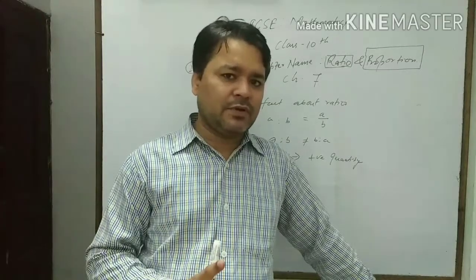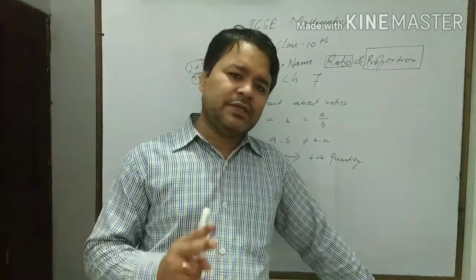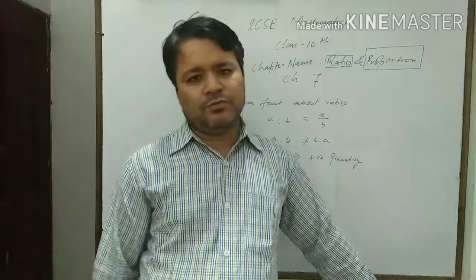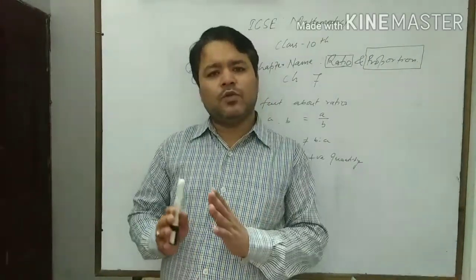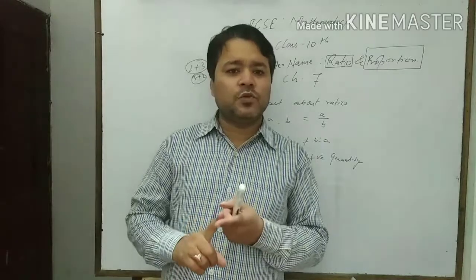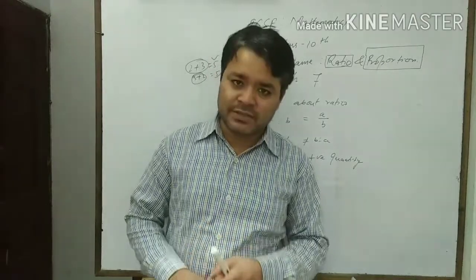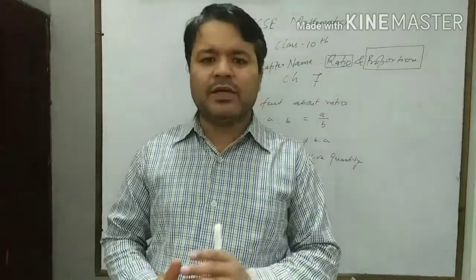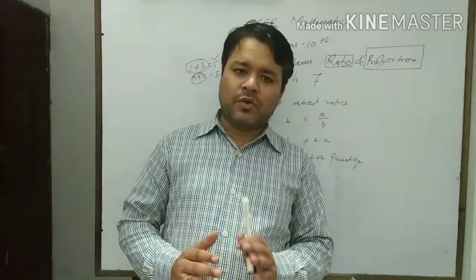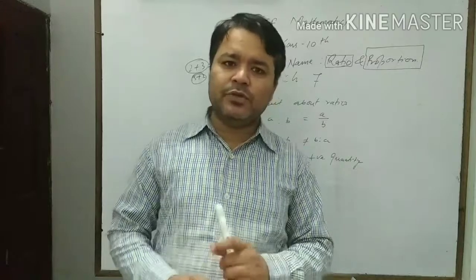And what is the condition for ratio? The two quantities should be of the same kind. One thing more, whatever quantity we take should be not only of the same kind but also the same in unit.